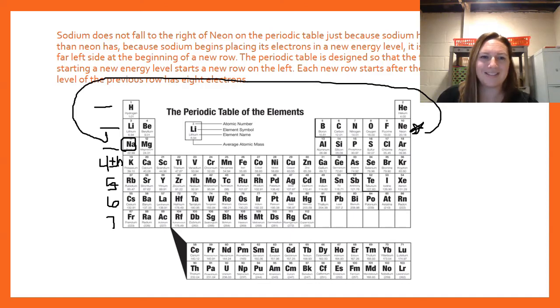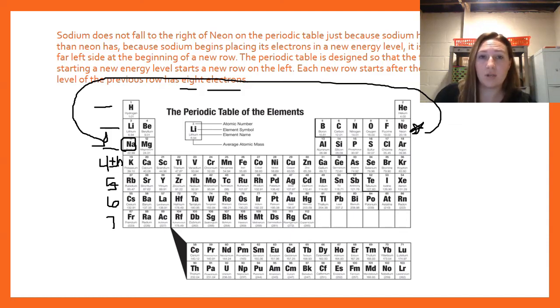I like to draw lines today. And it starts its new row because we know that's going to have 3 energy levels. The periodic table was designed so that the first electron starting a new energy level starts a new row. And each new row after that, after the outer energy level, has 8 electrons. So remember, they're broken into sections. So once you fill up 8, it moves into the 4th energy level.